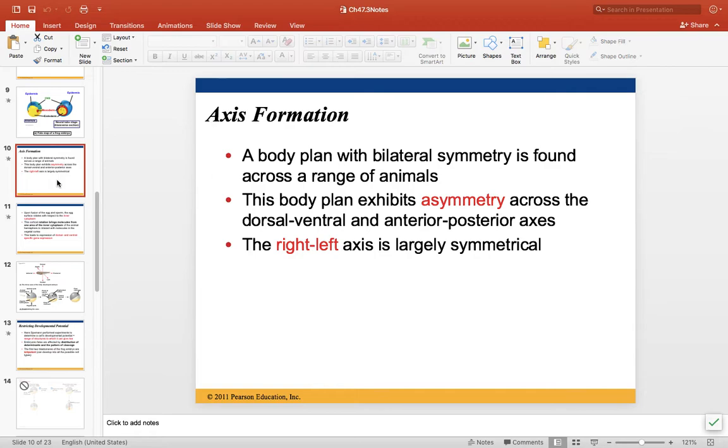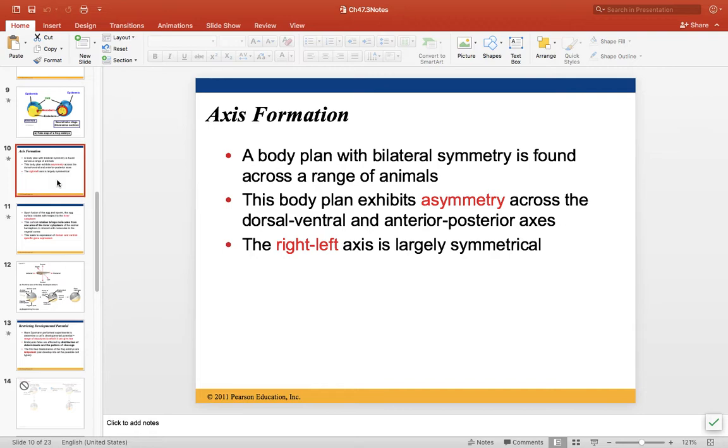Axis formation. Think about how an organism develops in three-dimensional space: what cells go on the front, what cells go on the back. If you think about a human being, why is this organ in front of that organ? Why isn't it the other way around?